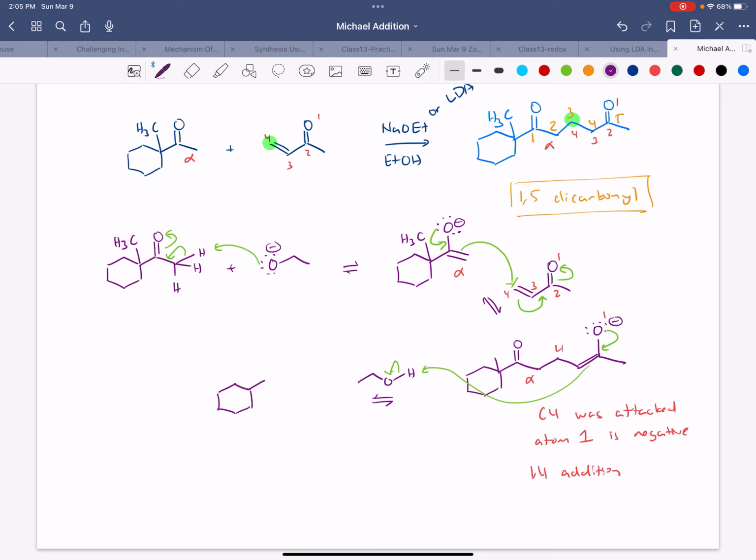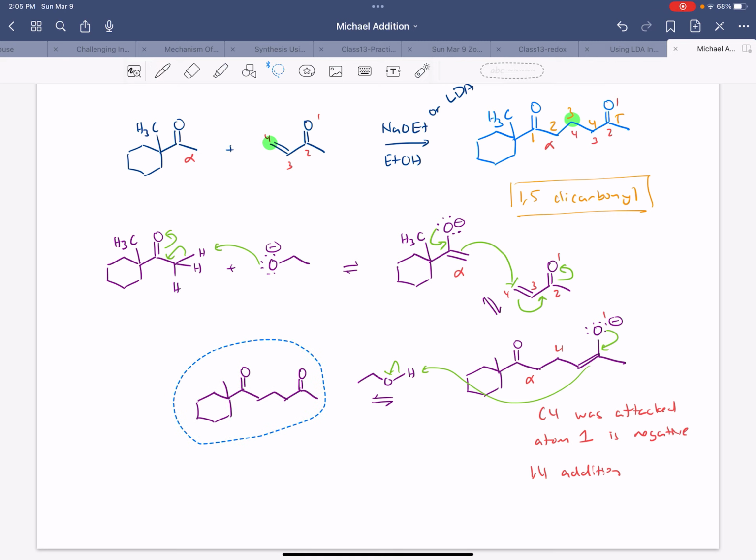Practice your Michael addition mechanism. But you know there's a shortcut to draw the product. What's the shortcut? Find the alpha connected to atom number 4. 4, 3, 2, 1.